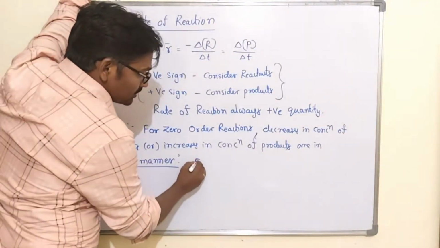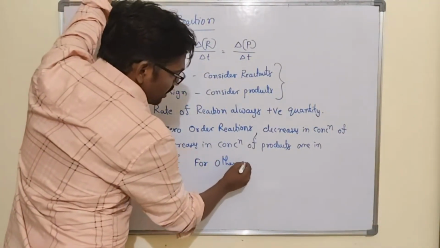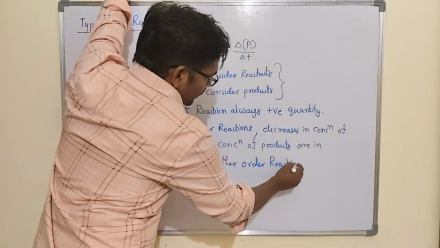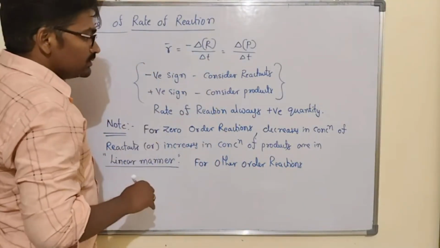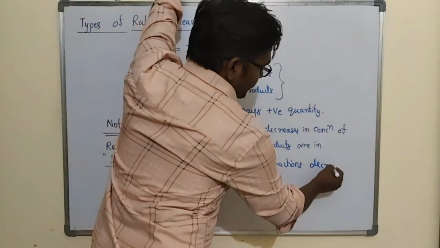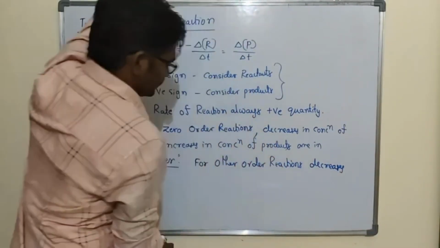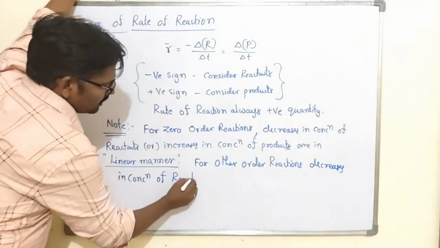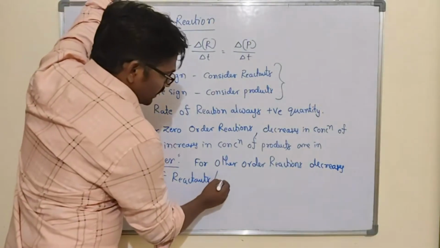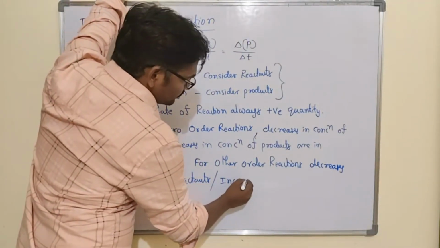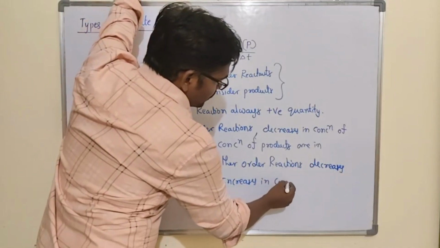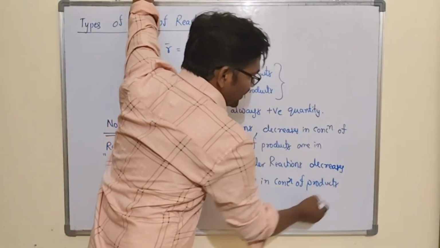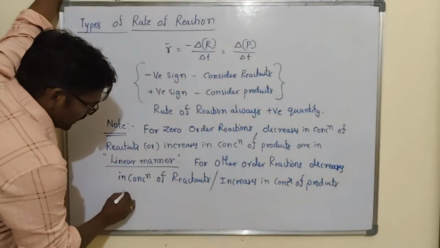For other order reactions, the decrease in the concentration of reactants or increase in the concentration of products is in an exponential manner.